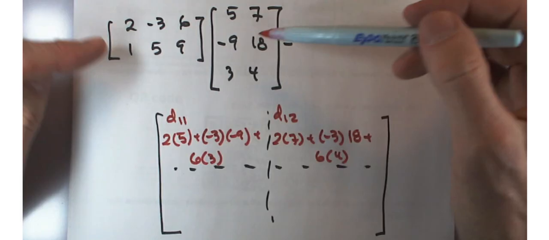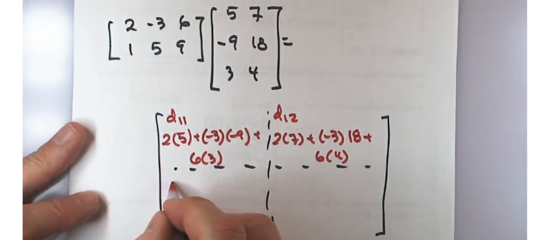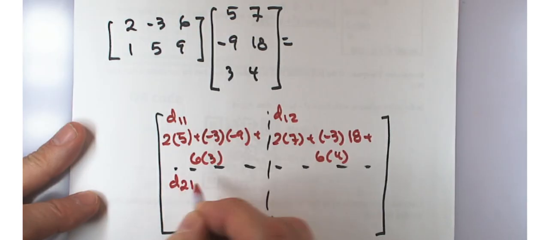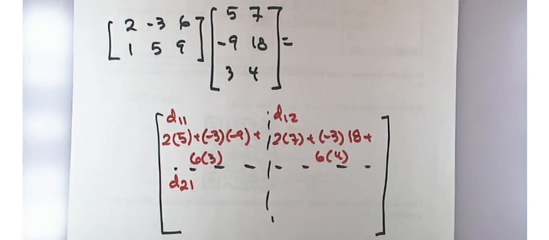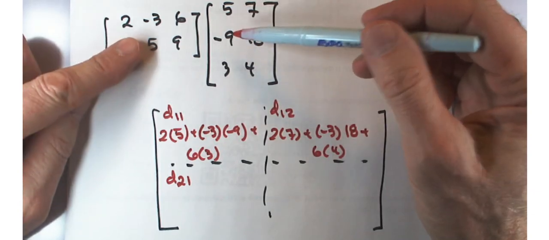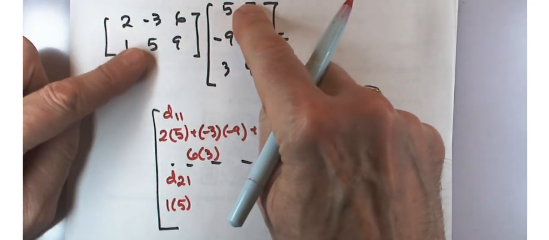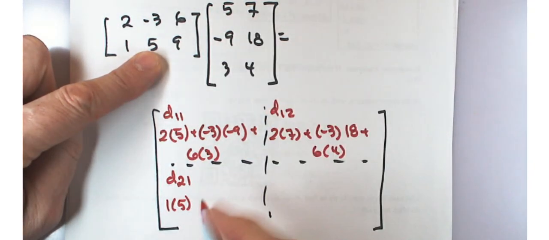Let's keep going down here. What are these elements going to be made of? Well, it's going to be D21. So D21 is going to be 1 times 5 plus 5 times negative 9.